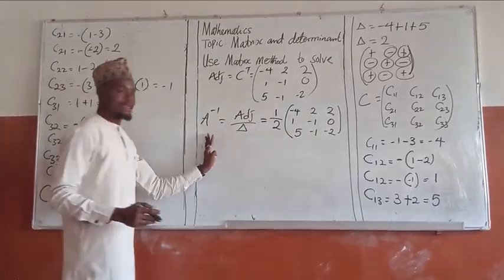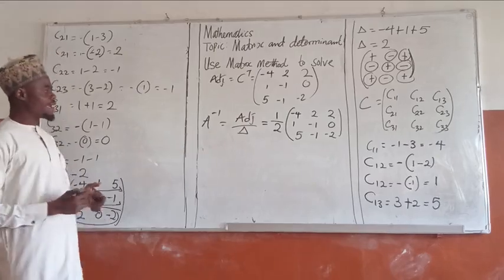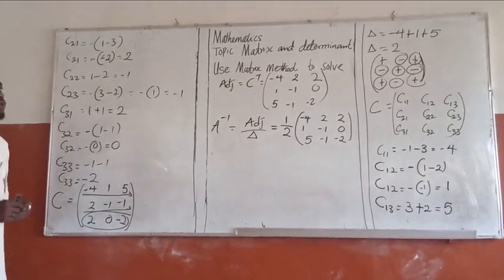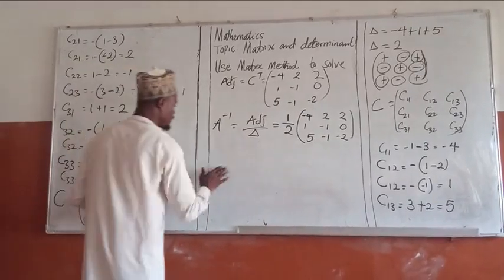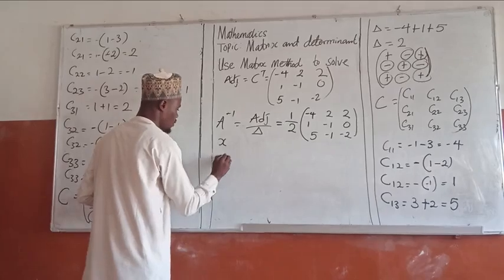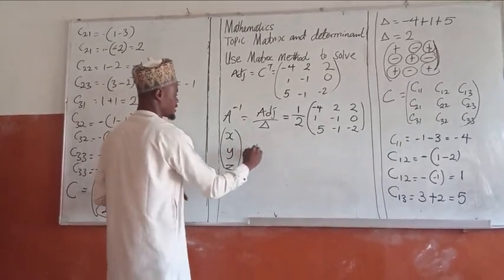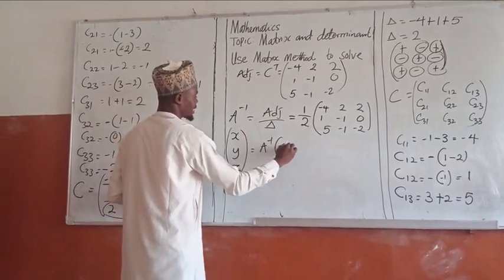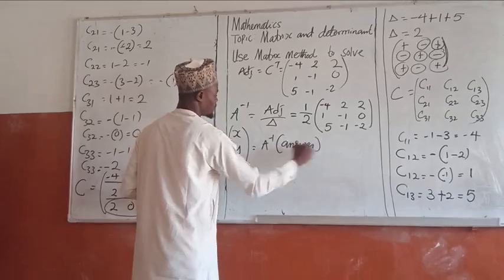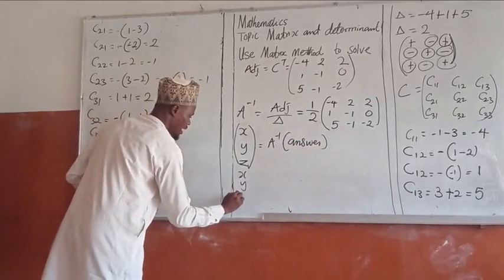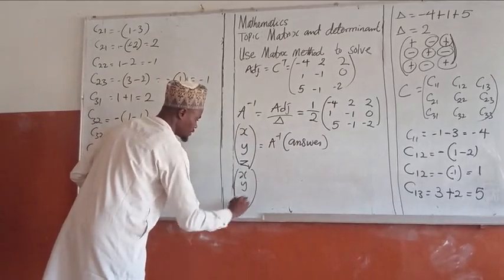This is my inverse. And how can you find your X, Y, and Z? It's very easy now. This is the final step. You are looking for X, Y, and Z. It's equal to the inverse multiplied by the answer.